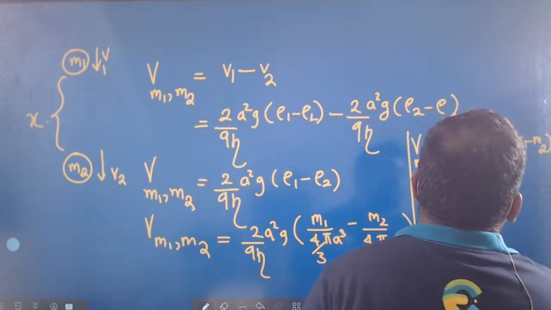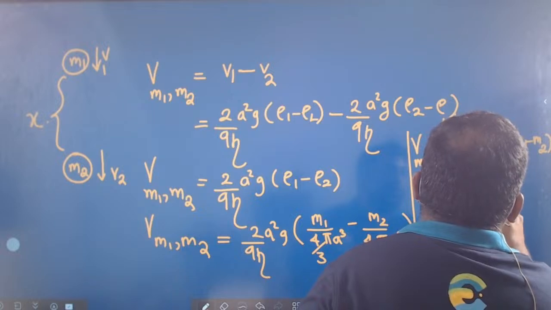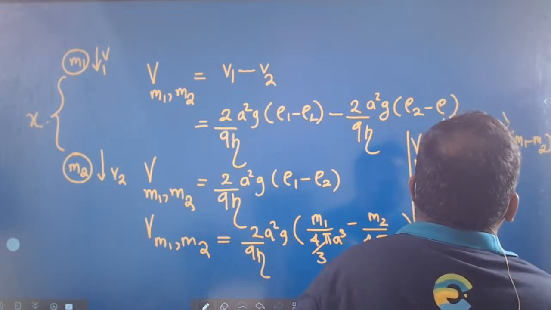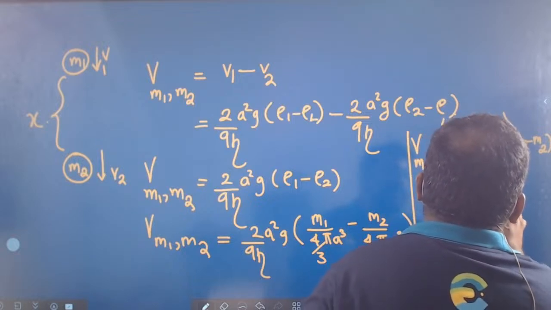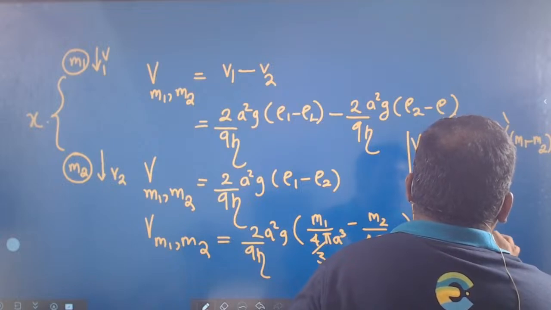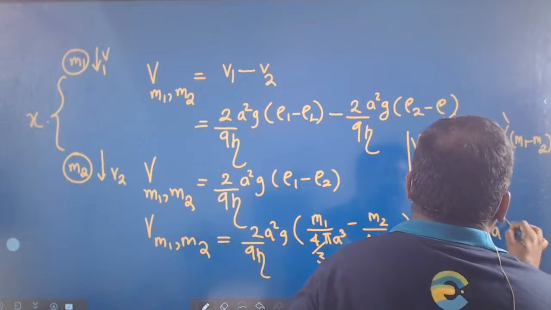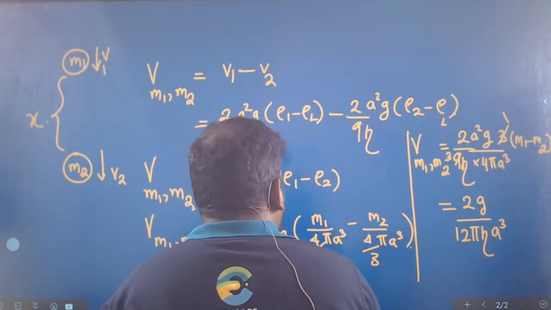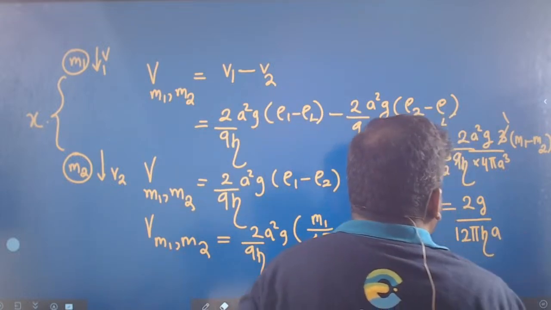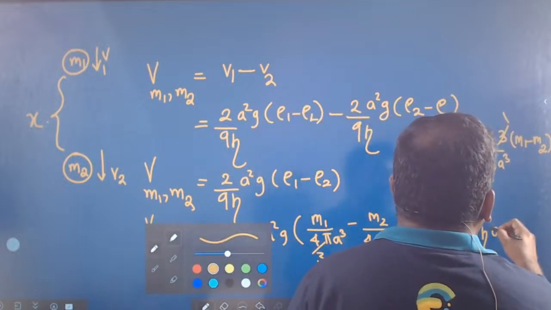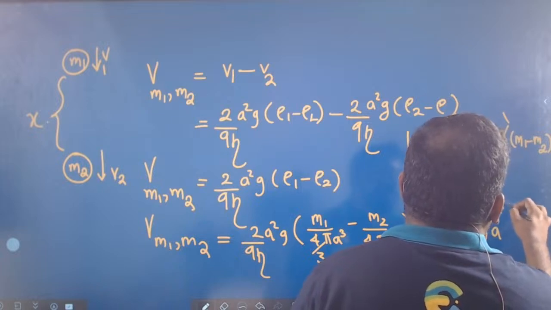Simplify the relationship. 2, 3 times 1, 3. 2g over 12 pi eta a. Actually it's 6.